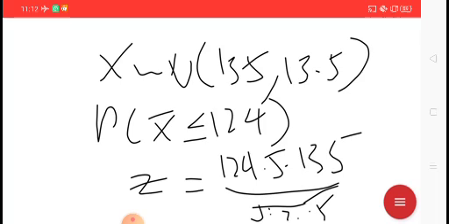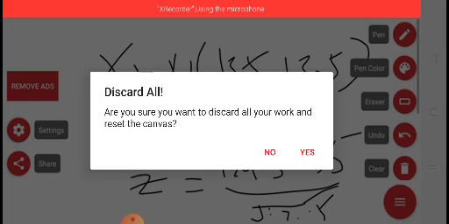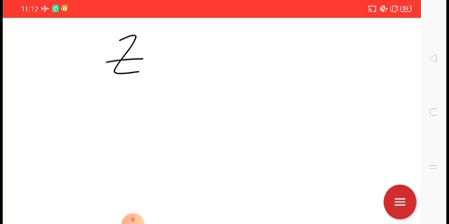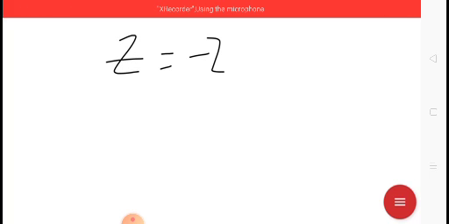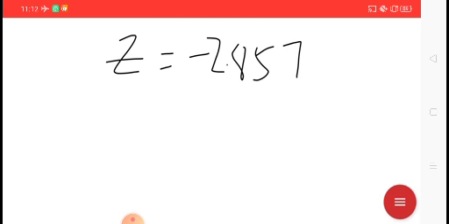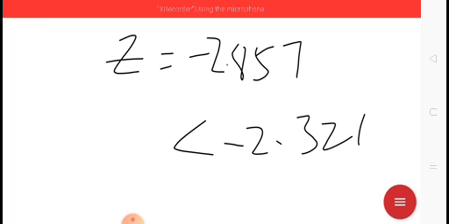So you have z equal to negative 2.857, and the question is asking you to test at 1% significance level at the lower side. So 1% significance level, if you refer to the table, will be 0.99, so you have negative 2.326. So this one is smaller than negative 2.326.